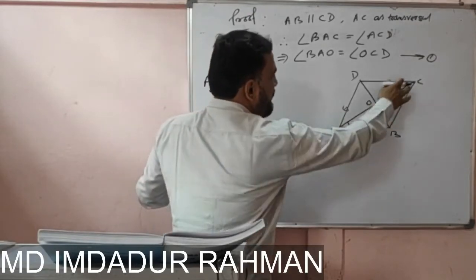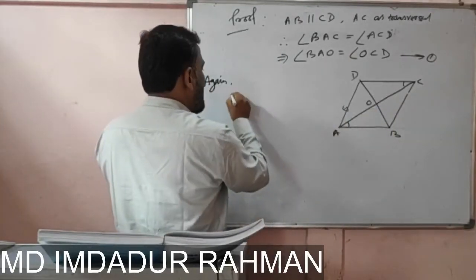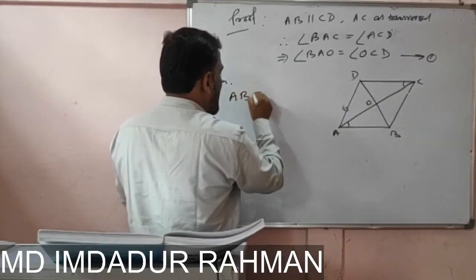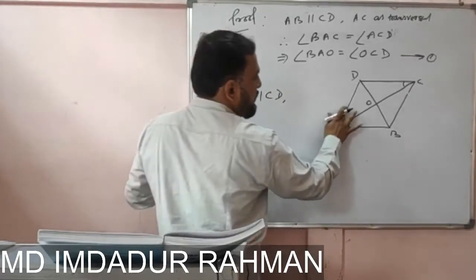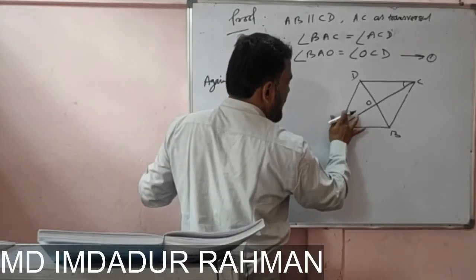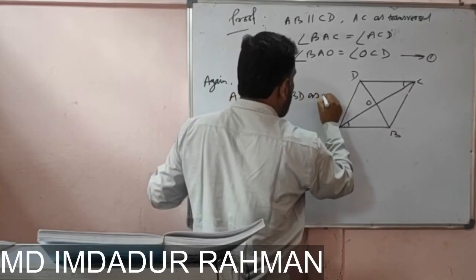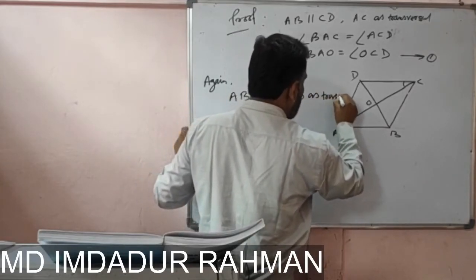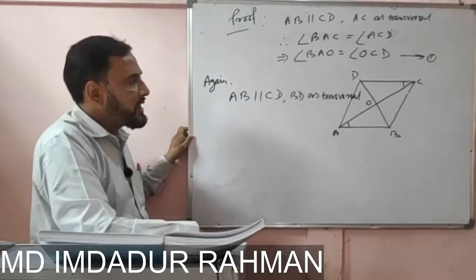Earlier we took AC as diagonal, now we will take BD as diagonal. Again AB is parallel to CD, and BD is the transversal.